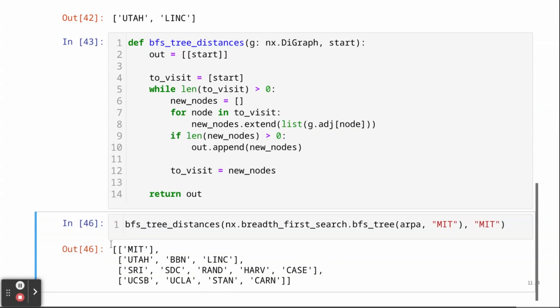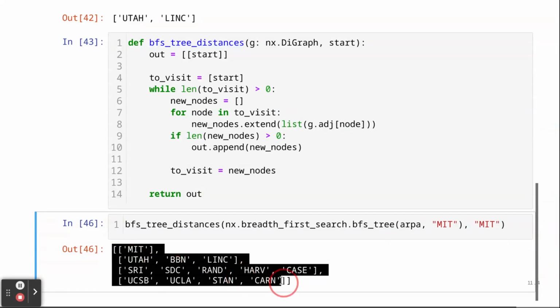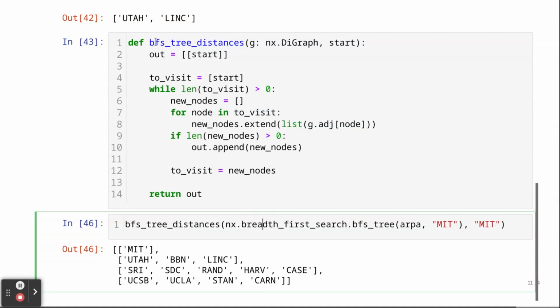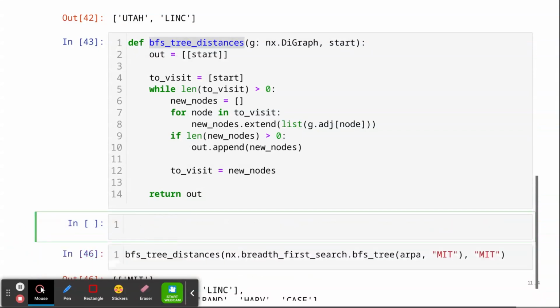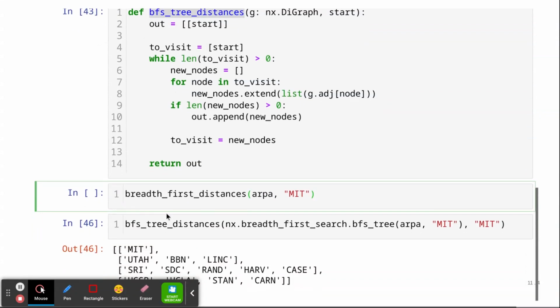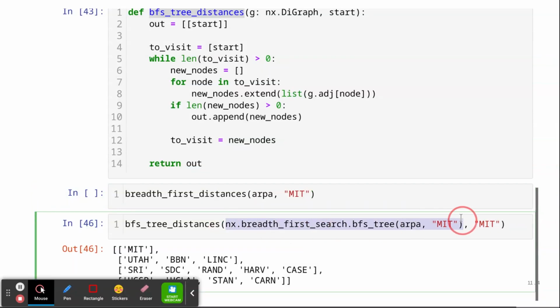Okay, here we go. So now we can check that this routine, the one we just barely wrote, BFS tree distances, should match the routine that we did earlier, which allowed us to compute just the breadth first distances from our ARPANET starting at MIT. Notice the difference in the input, this first argument here.